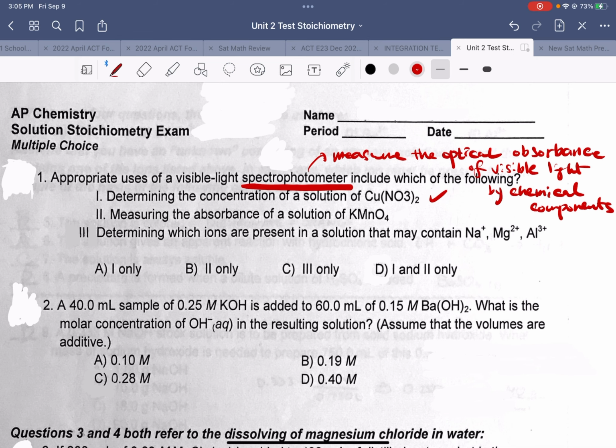Measuring absorbance, yeah, that's how you're going to check it. Those two are correct. Determining which ions are present, you cannot measure that using a spectrophotometer. So the answer should be 1 and 2 only.